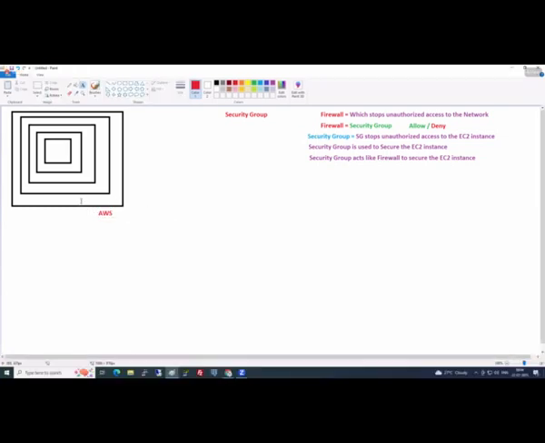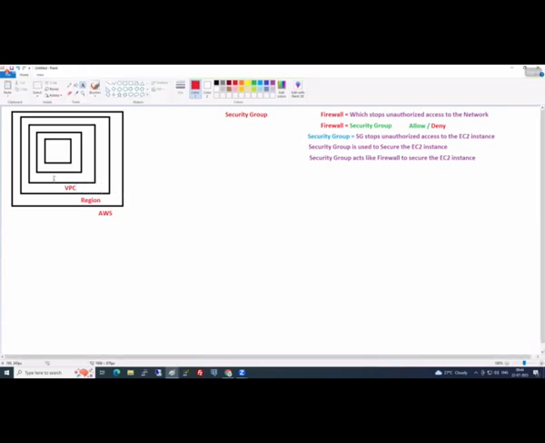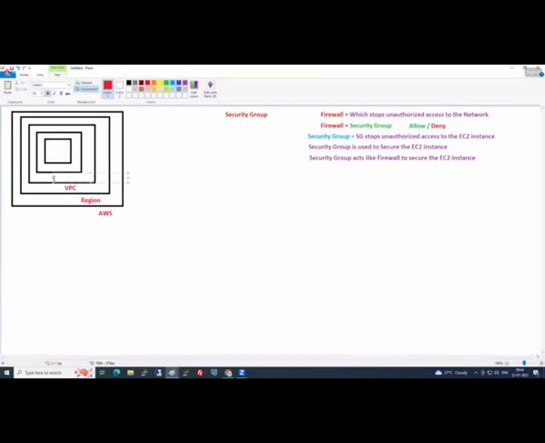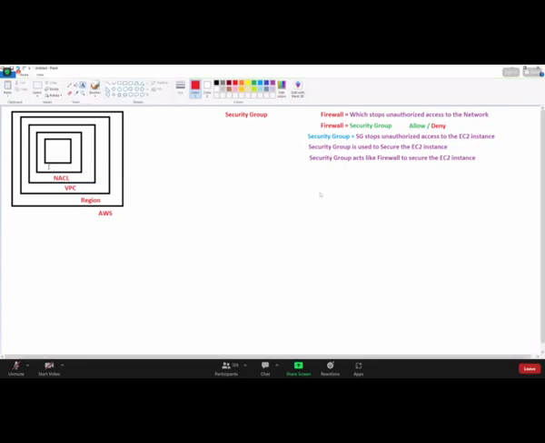AWS. Inside this, region, inside this, VPC. Inside availability zone, you have EC2 instances. We know all these things. Inside the VPC, you have a concept called NACL that we'll talk about. Then it has security group. Then it will go and hit the EC2 instance.